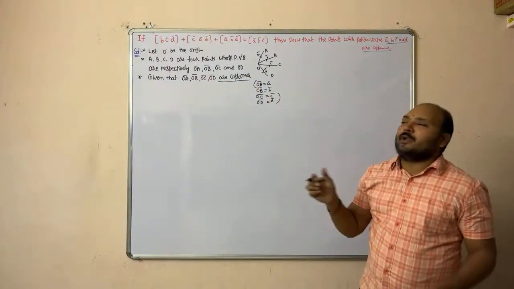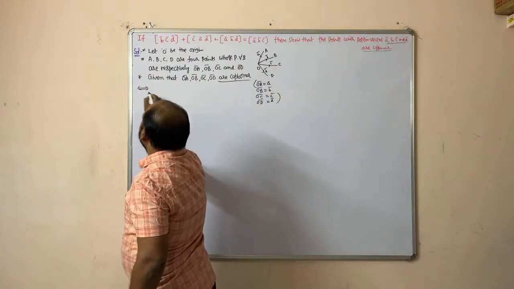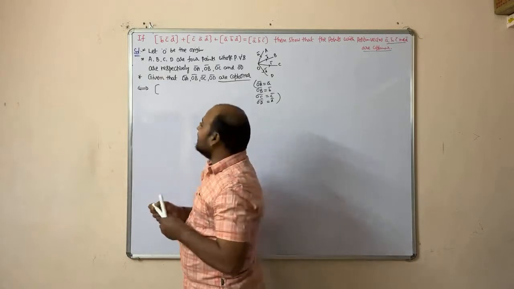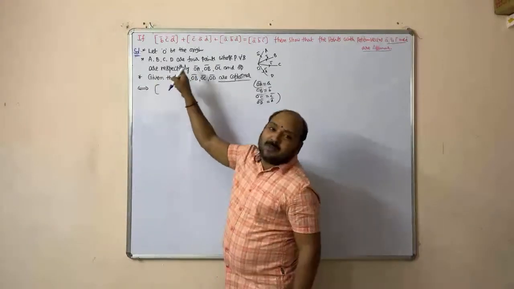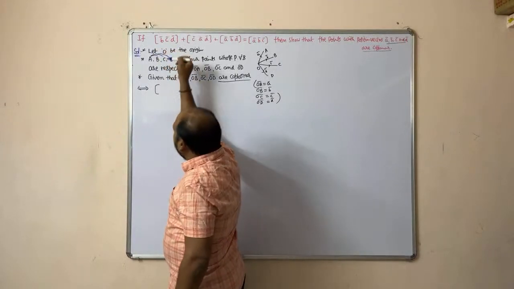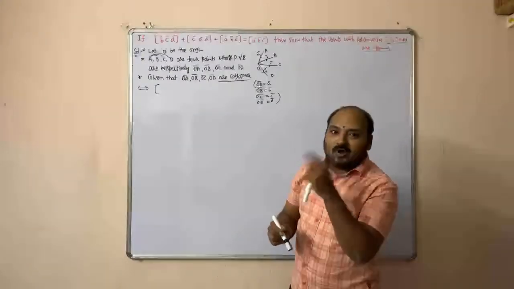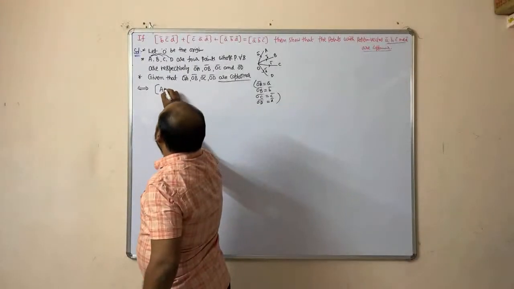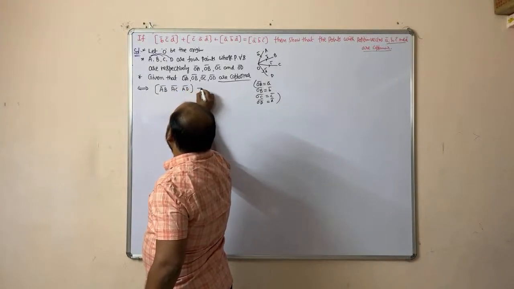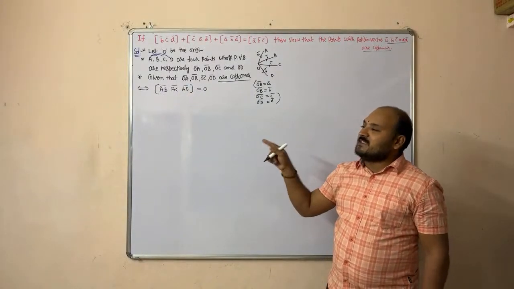Whenever 4 points are coplanar, the condition is, if and only if, the box of, you have to remember, dear students, in what way we are writing. Whenever the points A, B, C, D are coplanar, the box of the 3 vectors AB bar, AC bar, AD bar is equal to 0.